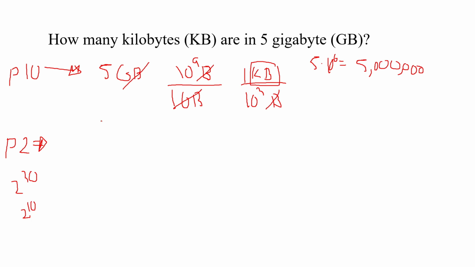So it's going to be 5 times 2 to the 30 divided by 2 to the 10, which is 5 times 2 to the 20. I don't have that answer off the top of my head.